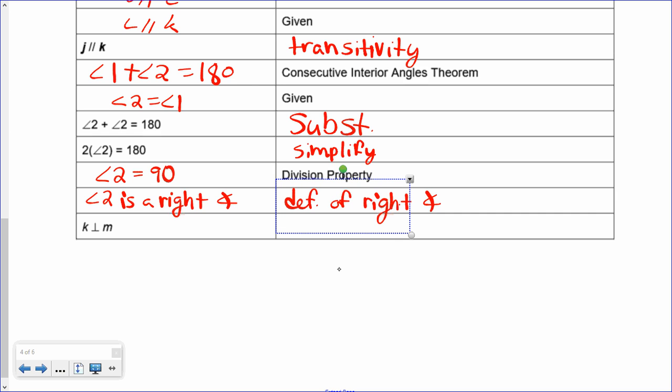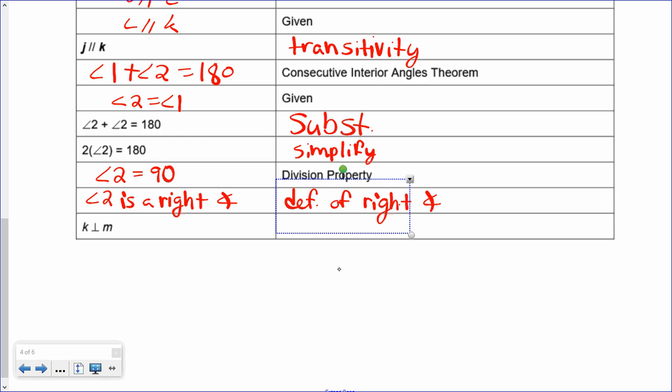Listen, the definition of perpendicular, the official statement, I think it's somewhere in your Unit 2 or Unit 3 packet. Perpendicular lines are 2 lines that intersect to create right angles. You have to take the exact wording of the definition into consideration when you are creating a proof. In order to say that something is perpendicular, you must first have that it is a right angle, and vice versa.